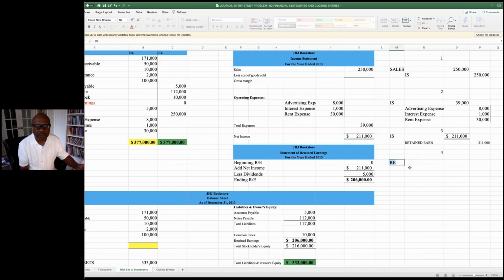What are we going to credit? What might we credit? Dividend. We're going to credit dividend. And now the amount. What's our amount?